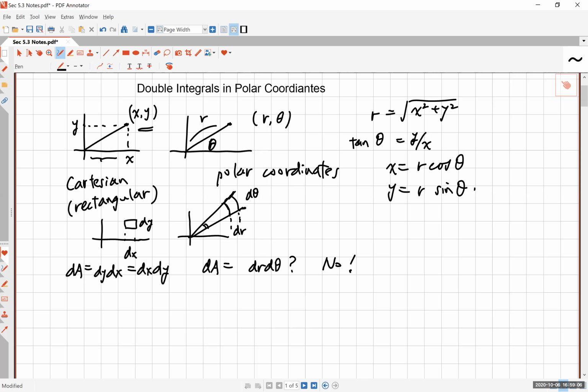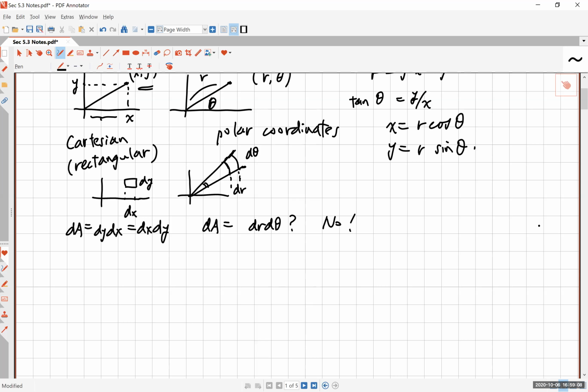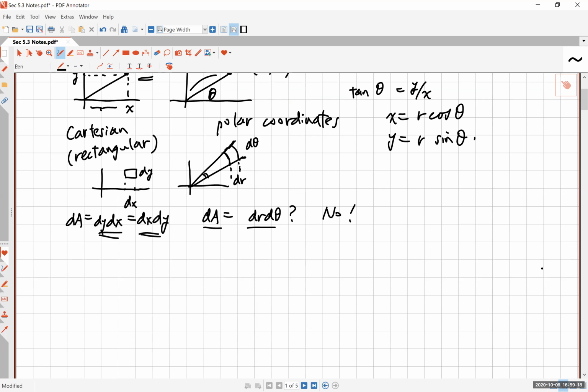And the answer turns out to be no, we actually have to do something. And this is a very important thing: just because it worked in a rectangular coordinate system, it does not mean that it's going to work in the polar coordinate system. So in the next couple of minutes, we will answer this question.